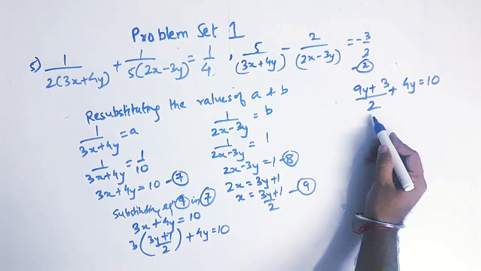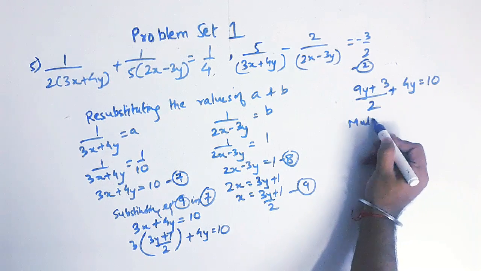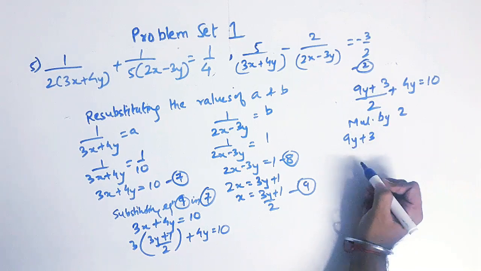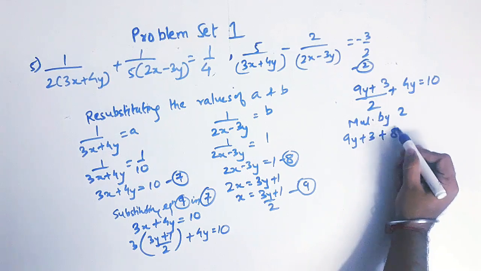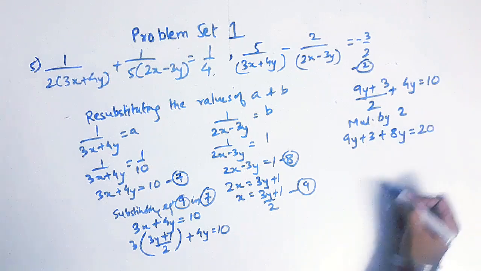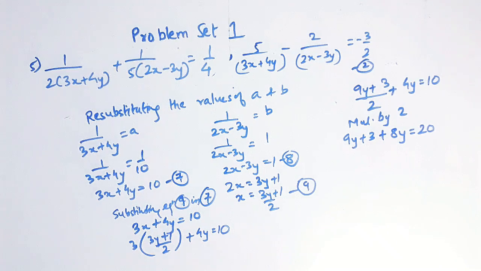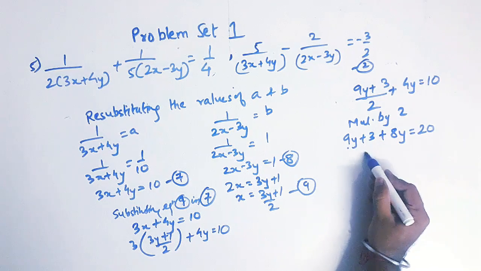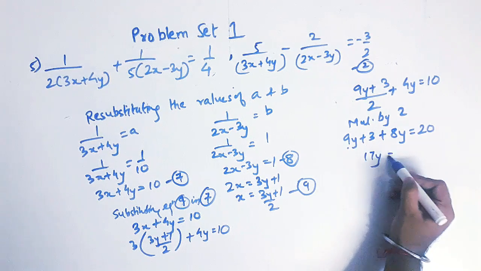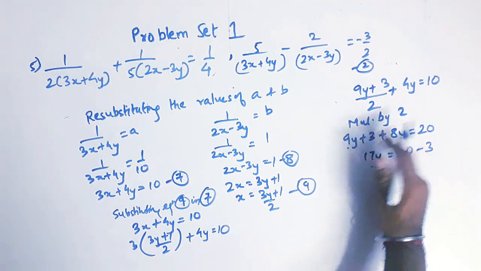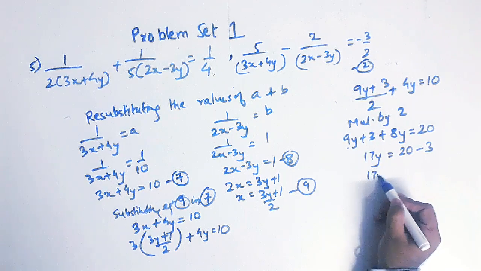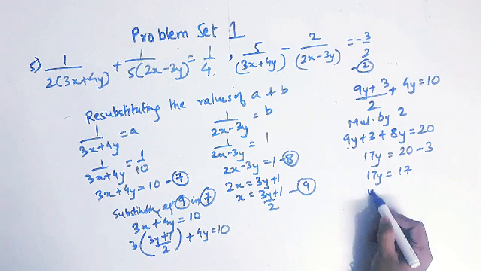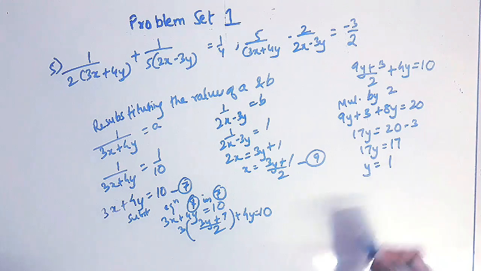Now 2 we don't want, so what will I do? Multiplying by 2, this will remain the same because 2 gets cancelled, plus this will become 8y and this will become 20. So this becomes a simple linear equation where we can find y. 9y plus 8y is 17y equals 20 minus 3. 3 will go there, it will be minus 3. So what is 20 minus 3? It is 17. So y equals 1.